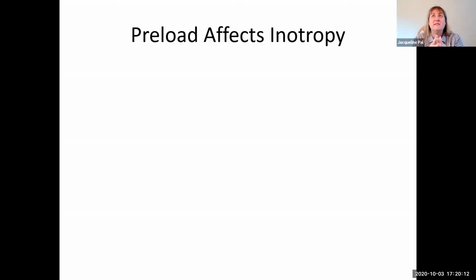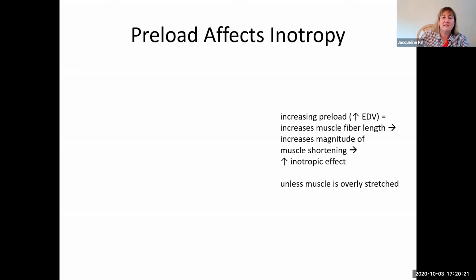The concepts that we learned in skeletal muscle definitely apply to the heart. So preload is going to directly affect the contractility. If we increase the preload, which is the same as increasing the end diastolic volume, that increases the muscle fiber length, which means there's more ability for actin and myosin to have more cross links during the contraction, thereby meaning we can have a greater muscle length shortening, thereby an increase in contractility or inotropic effect.